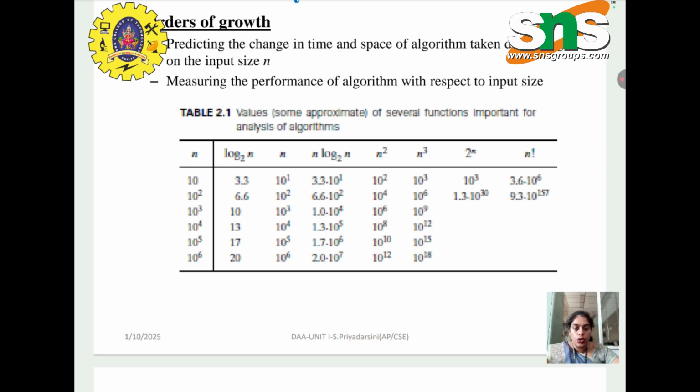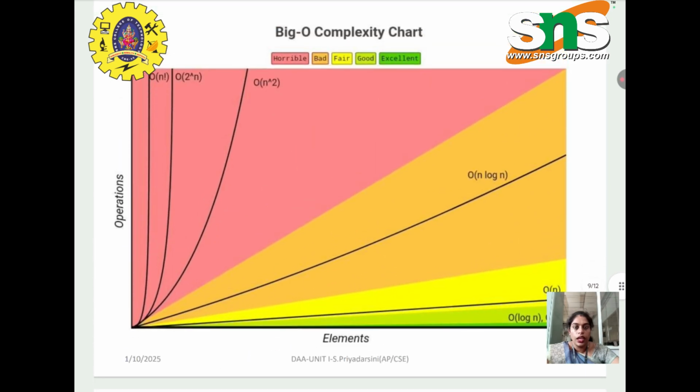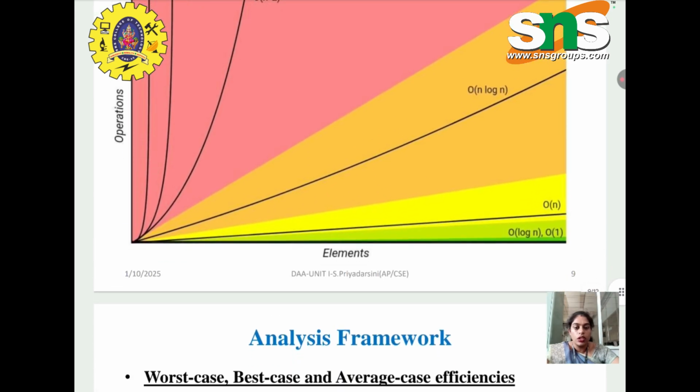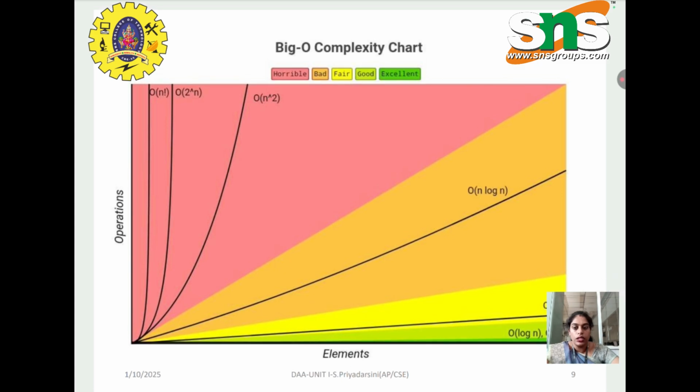This helps us choose the right algorithm for big data. This idea leads us to asymptotic notations like big O, theta, and omega, which we will cover in another lecture. This is the chart for big O complexity, you can see here.